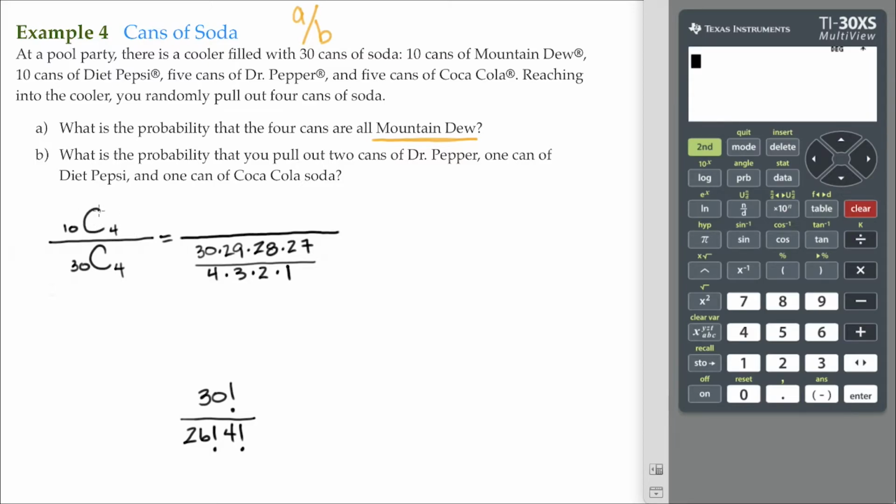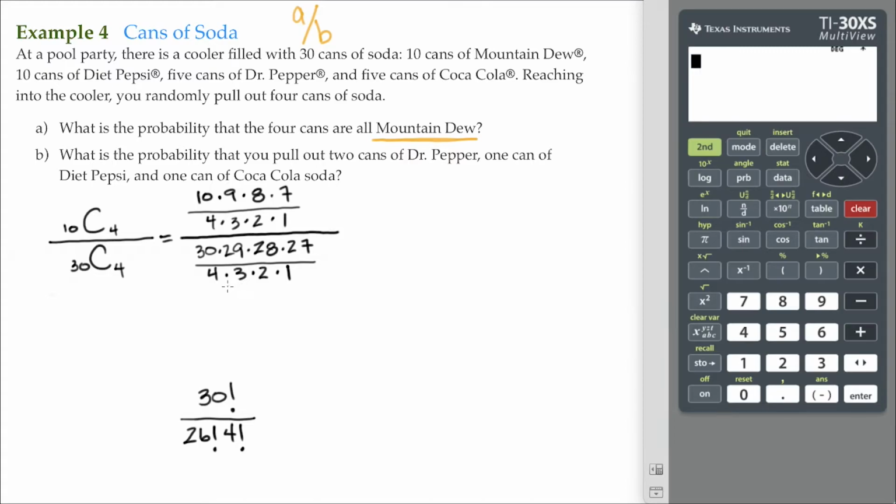For the event up here, that's going to be 10 factorial divided by 10 minus 4 factorial. That's 6 factorial, and the 6 factorial is going to cancel out the 6 factorial in the numerator. So that's going to give us 10 times 9 times 8 times 7 all over 4 times 3 times 2 times 1.